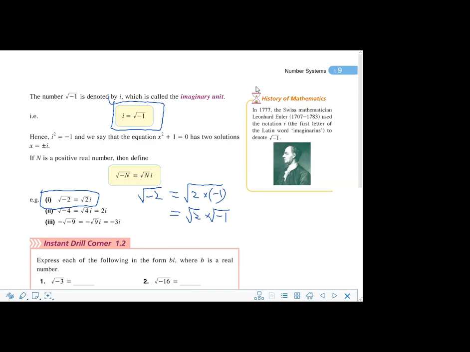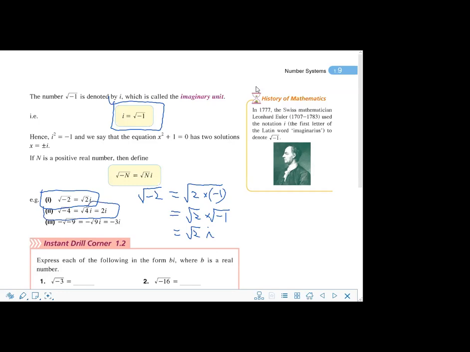The square root 2 is just the real number, but the square root of -1 will be changed to I. This is how we can change a square root of a negative number to be in terms of I. Let me illustrate another example to you.